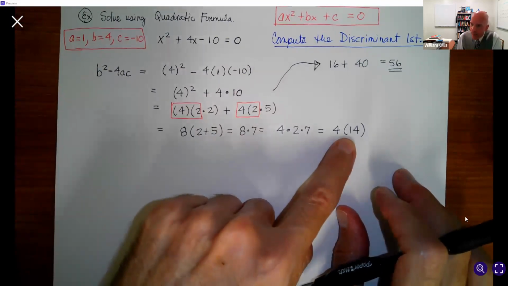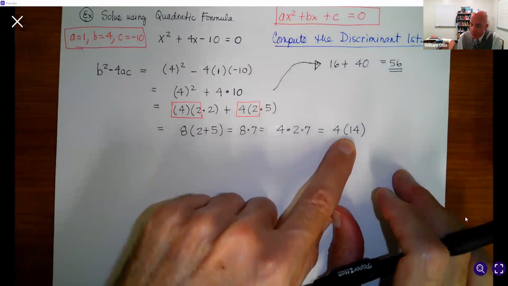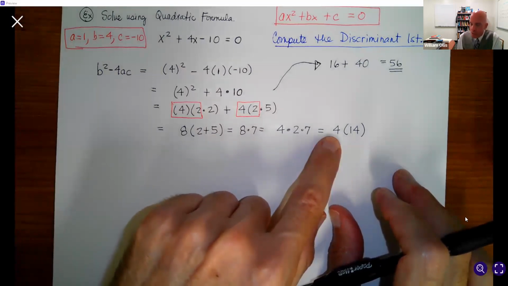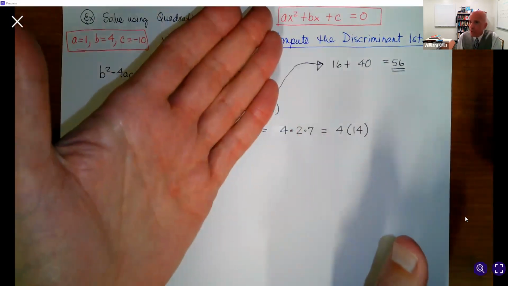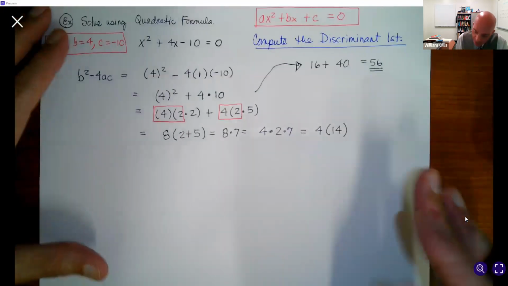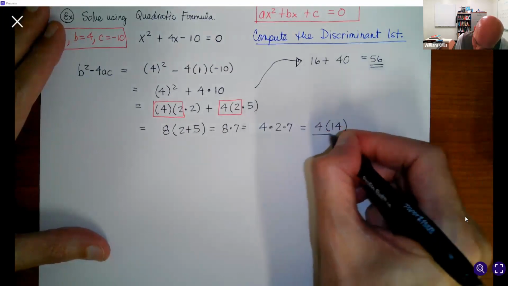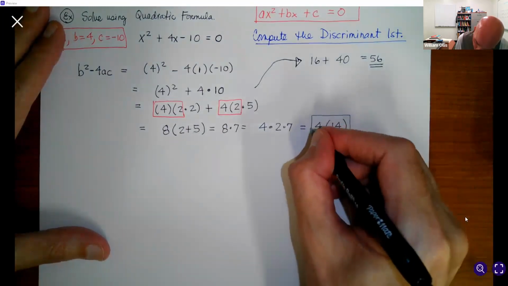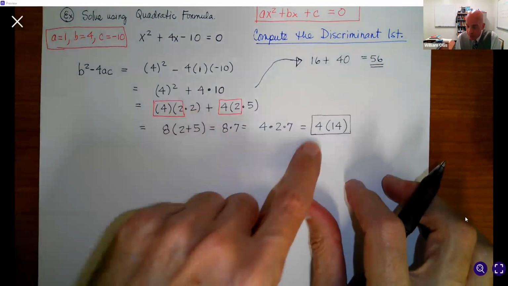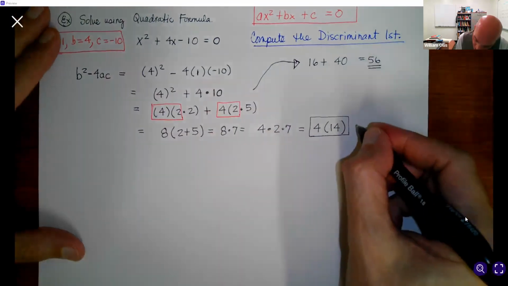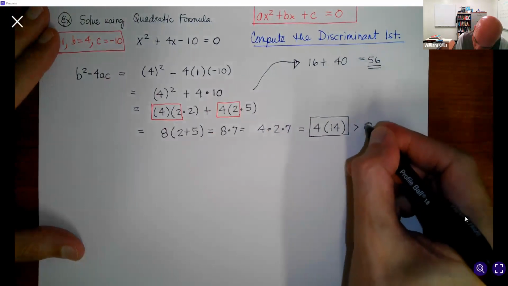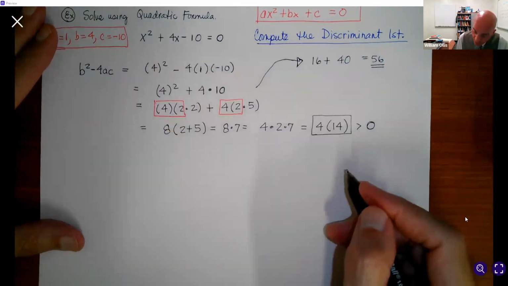And now when you take the square root of this, the square root of 4 is 2. And of course, the square root of 14, you just leave as the square root of 14 because you need an exact answer. But notice this is a useful expression, because it gives you a factor which is a perfect square and then a non-perfect square, and this is positive. So of course we would have known that the AC lemma would have never worked.